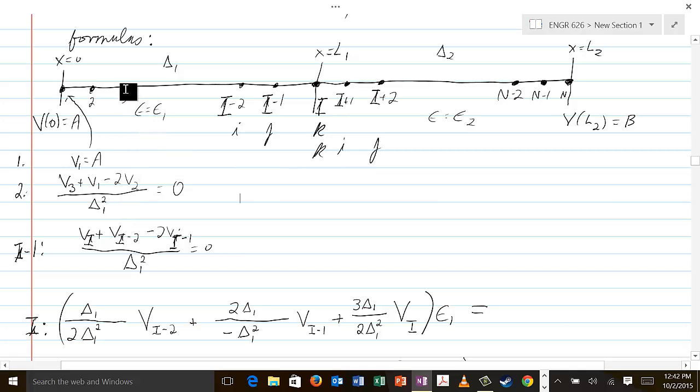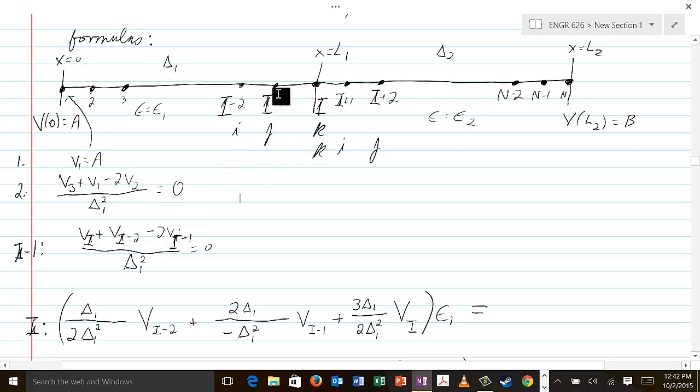And then at node 3, we would have (v4 + v2 - 2v3)/delta 1 squared. Delta 1 is the spacing in region 1, and delta 2 is the spacing in region 2.